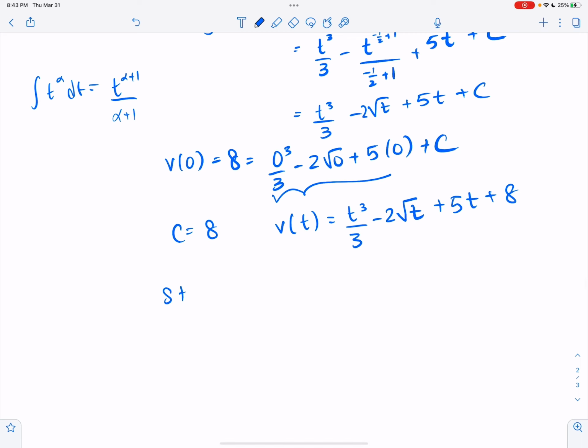Next, you need to find the position. Well, what do you know? The velocity is the derivative of the position, so the position will be the integral of the velocity.